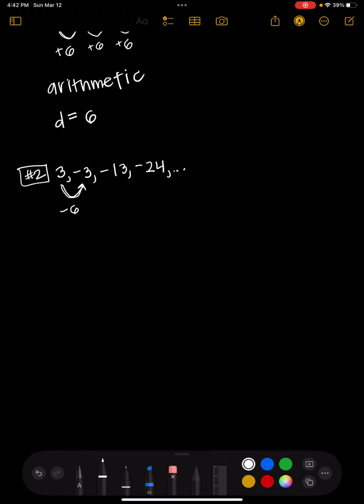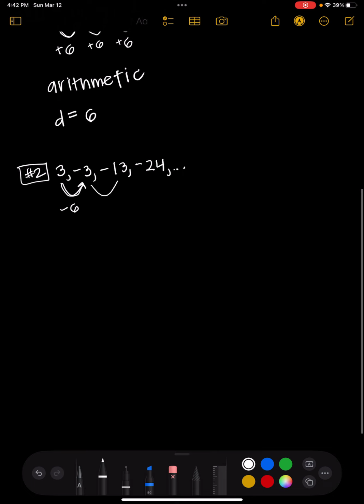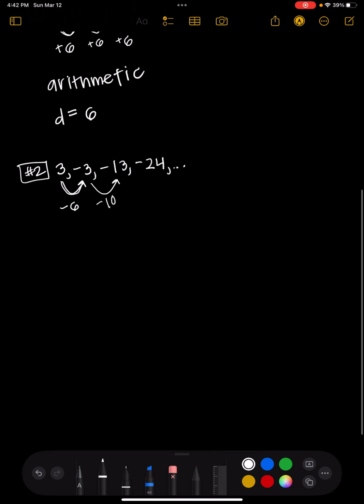Now let's go from negative 3 to negative 13. I would have to subtract 10. And then from negative 13 to negative 24, I'd have to subtract 11. So we have negative 6, negative 10, and negative 11. This means that we're not subtracting the same thing every time, which automatically tells me that this is not arithmetic.